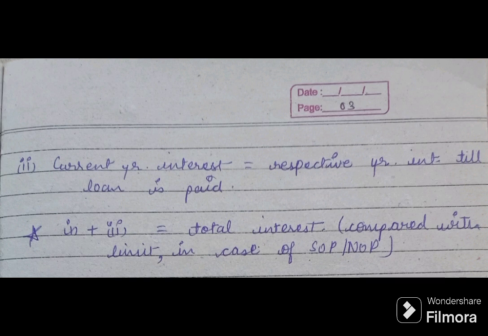Now the total interest allowed shall be arrived at by adding first and second part of the interest, that is PCPI interest plus current year interest is equal to the total amount of interest allowed for deduction.